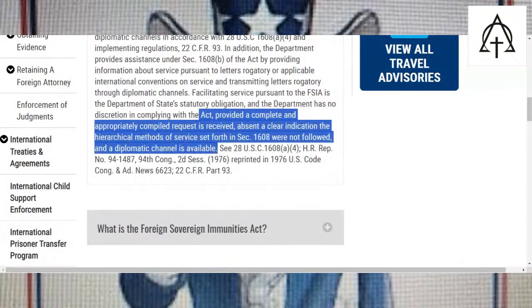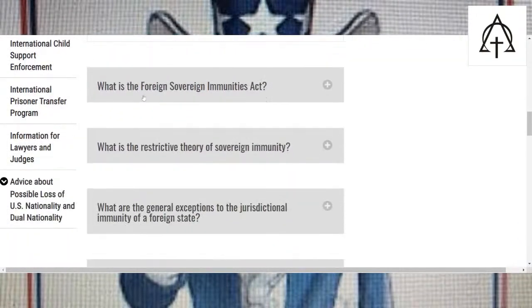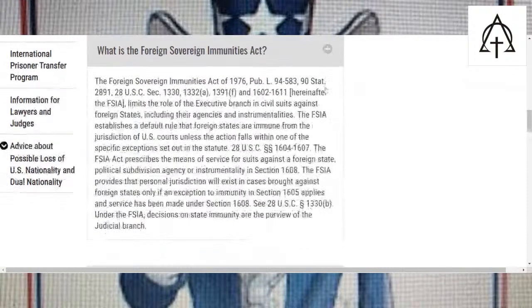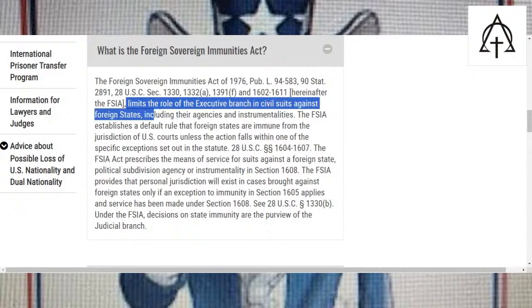The next one. What is the Foreign Sovereign Immunities Act? The Foreign Sovereign Immunities Act of 1976, Public Law 94-583, 90 Stat 2891, 28 U.S. Code 1330 through 1332A, 1391F, and 1602 to 1611, hereinafter the FSIA, limits the role of the executive branch in civil suits against foreign states, including their agencies and instrumentalities.